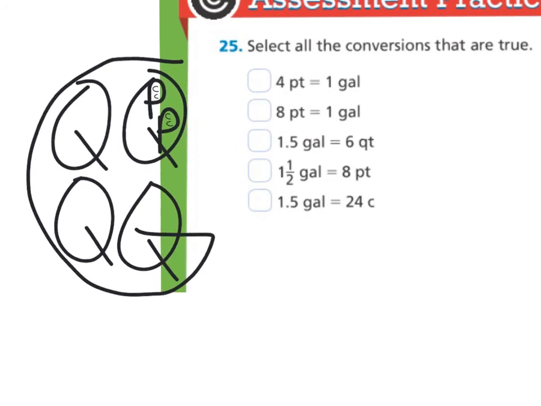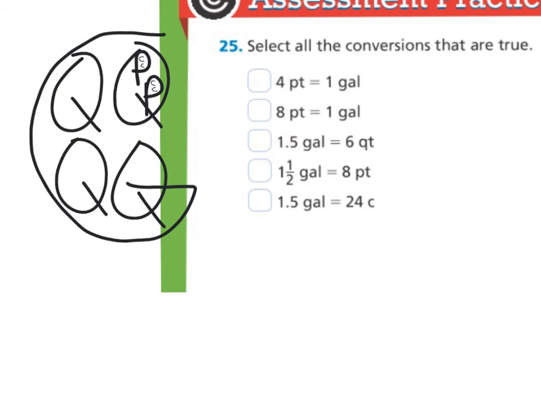Okay, so I'm not going to draw all those in unless I need to later. The first thing is saying there are 4 pints in a gallon. If you look at the picture, there's actually 8 pints in a gallon, so that doesn't work. Oh, 8 pints in a gallon, that's the next option that they have, so that works.